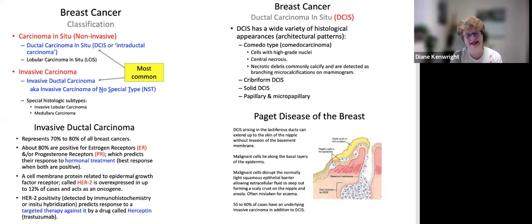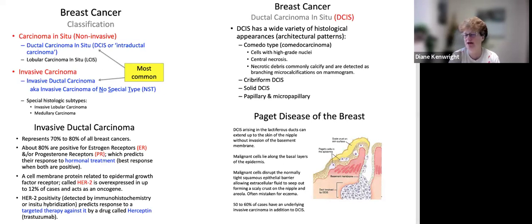You've learned that estrogen and progesterone receptors are important in breast cancer because they mean that the breast cancer can be treated with hormones. And you've learned that HER2 is important because it is present in high-risk breast cancer, but there is a specific targeted therapy for it called Herceptin.